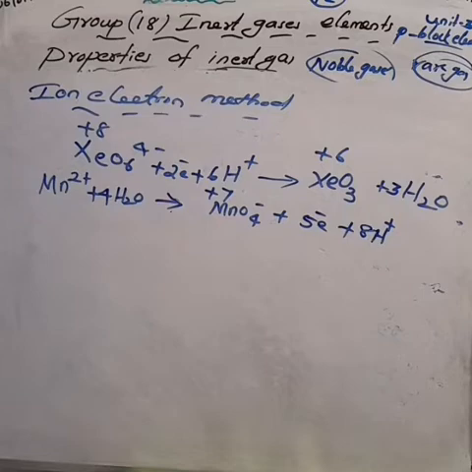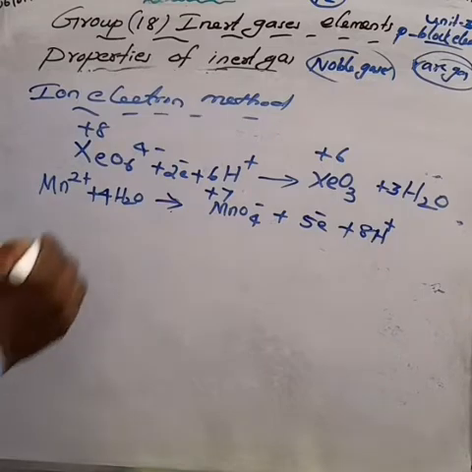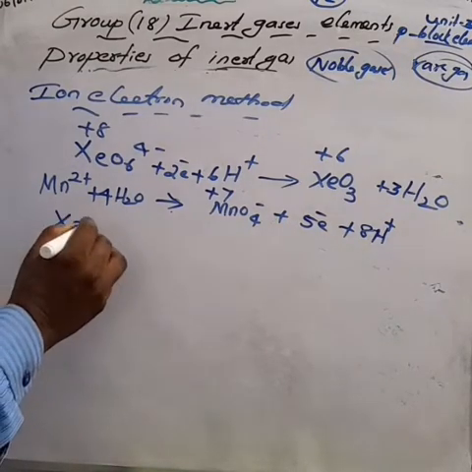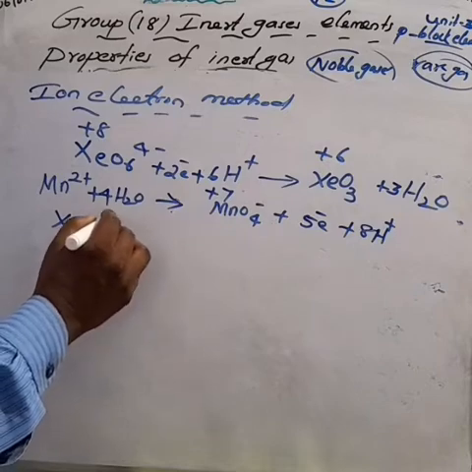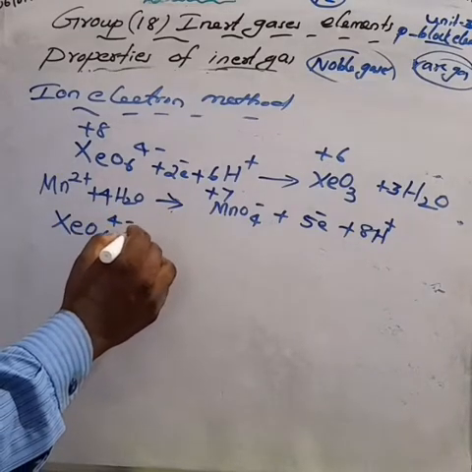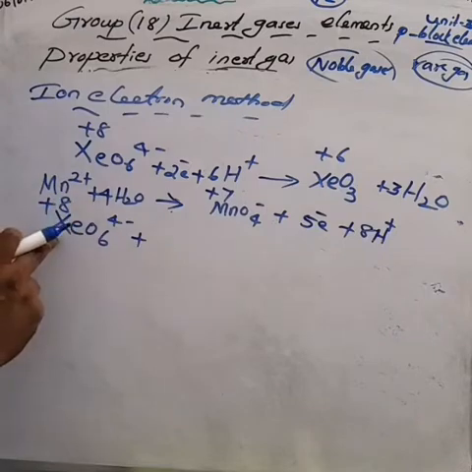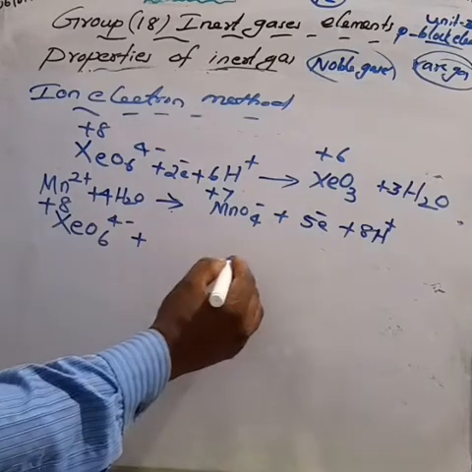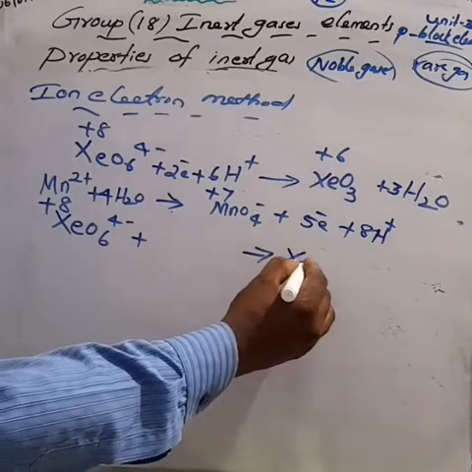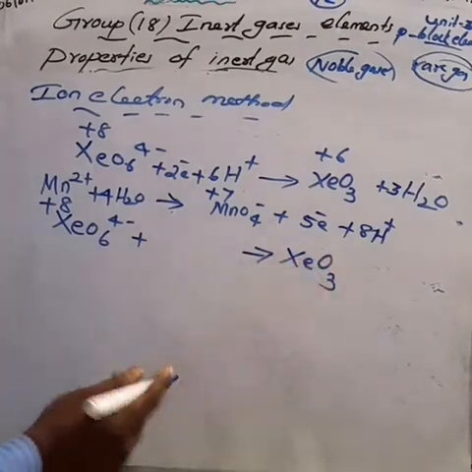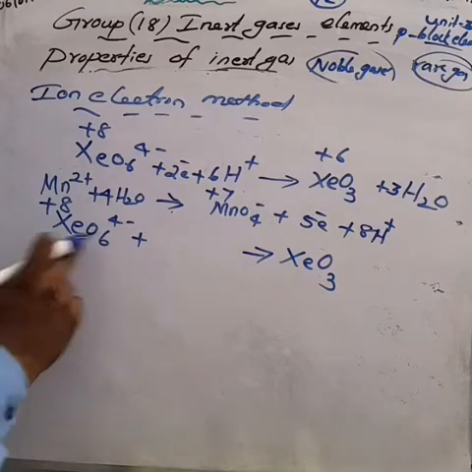Second step, I am taking XeO6 4 minus ion. We find that the oxidation state of xenon is plus 8. It is converted into XeO3. Am I right? XeO6 4 minus is converted into XeO3.